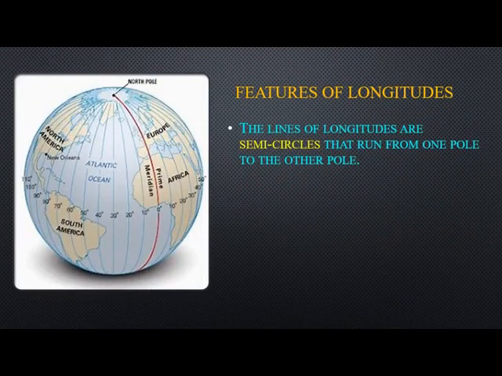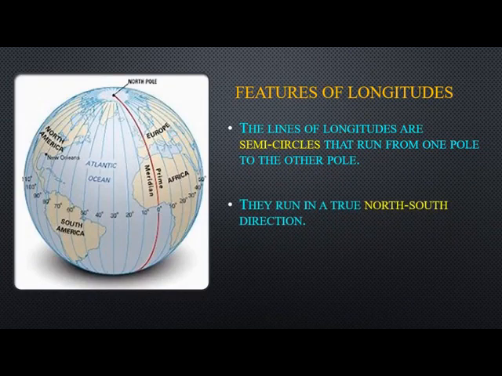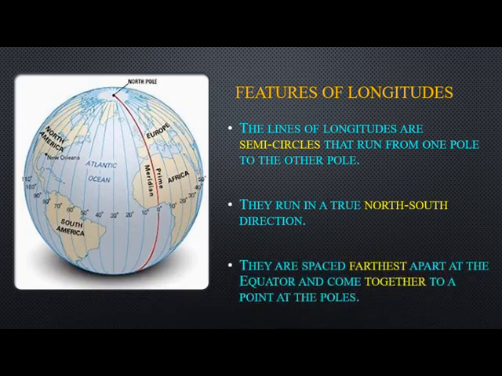The lines of longitude are semicircles that run from one pole to the other pole. They run in a true north-south direction. They are spaced furthest apart at the equator and come together to a point at the poles.